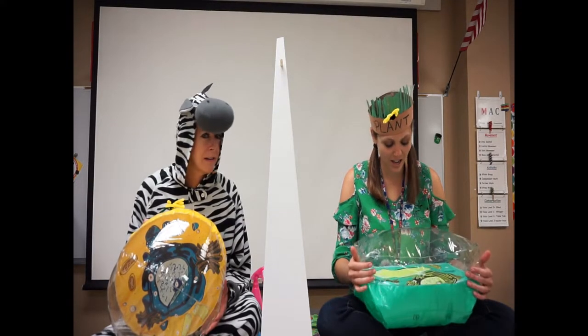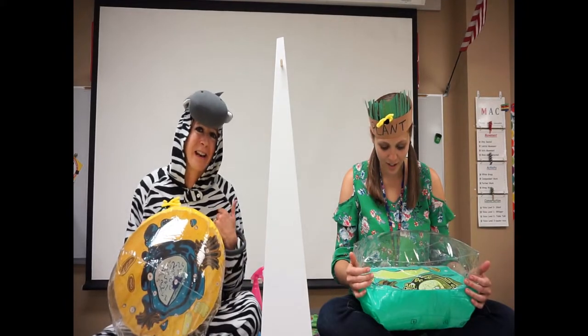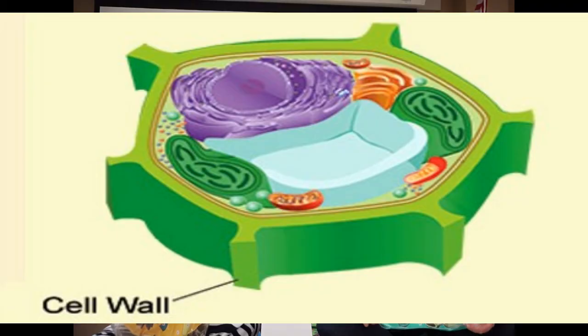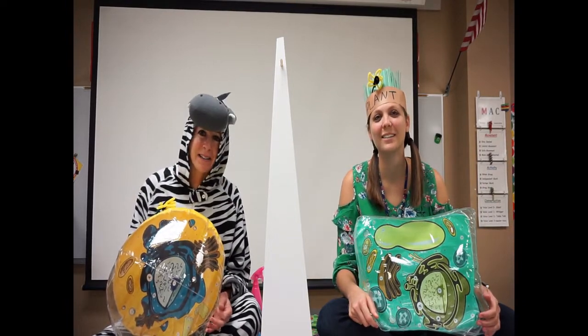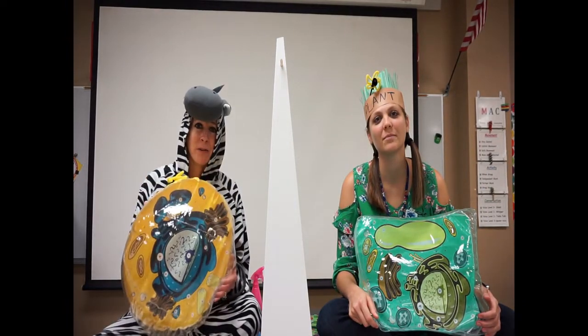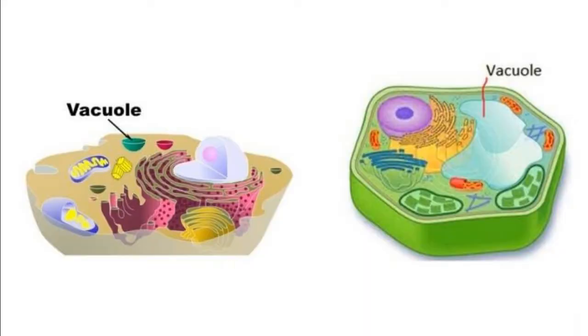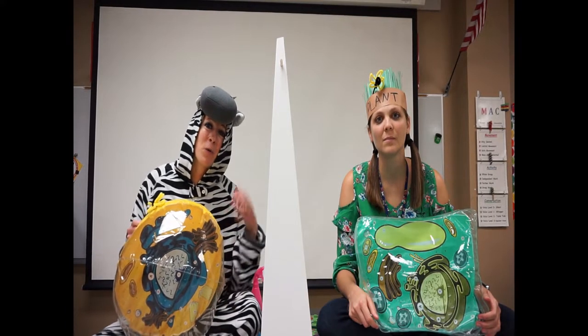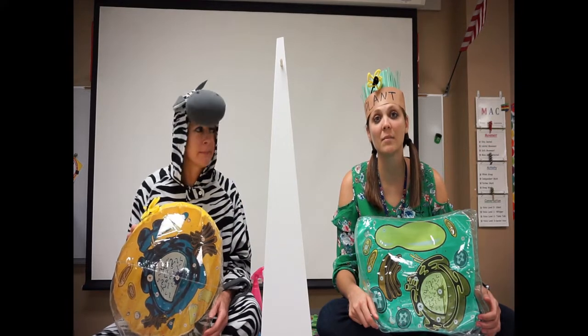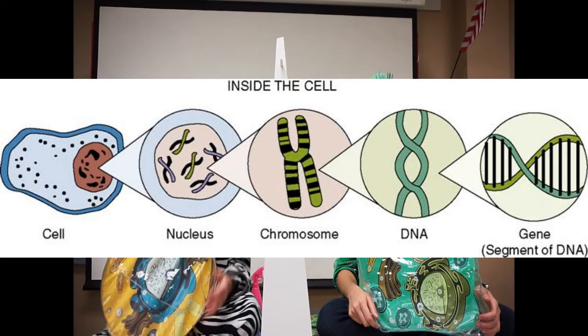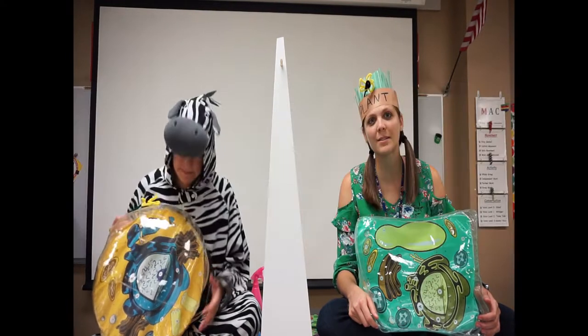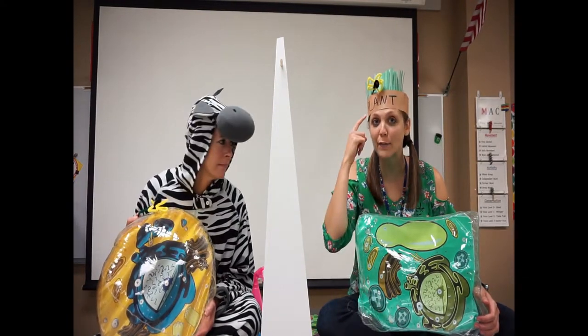She's got a cell wall and I don't. So the plant cell has a chloroplast and a cell wall. I have neither one of those. I do have vacuoles, they're just mini and small. Plants have one or two big ones. And we both have DNA. Where is that stored again? In the nucleus, which is the brain of the cell.